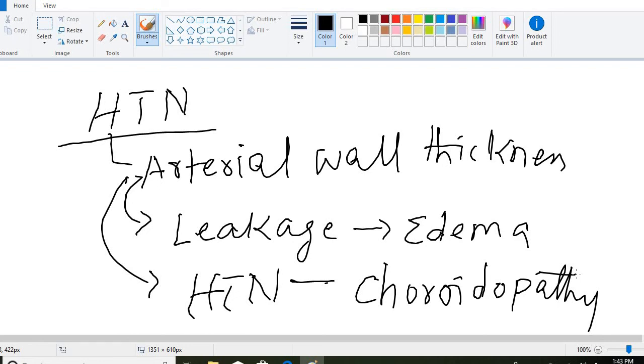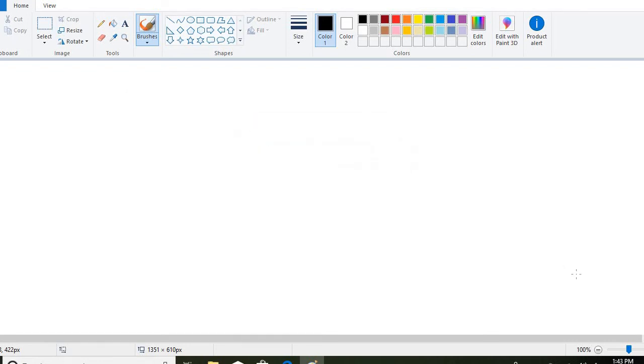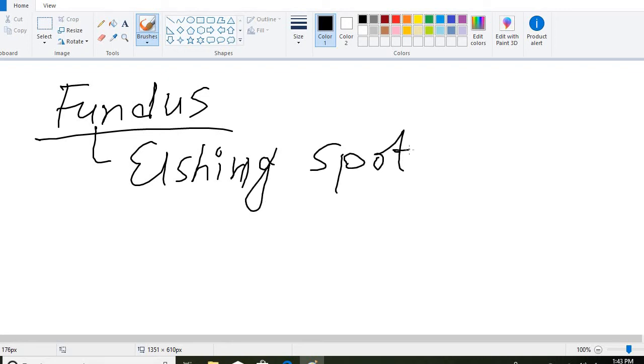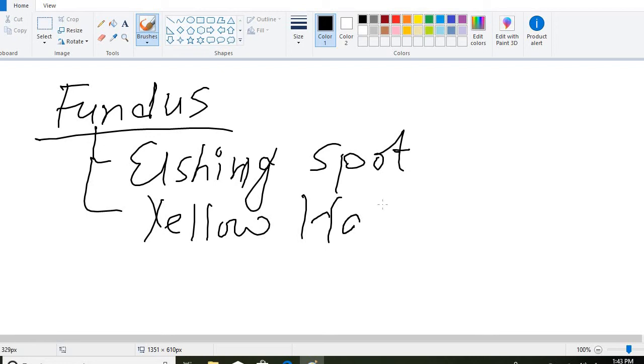Now when we observe the fundus of the patient, there will be Elschnig's spots on the fundus. Fundus examination will show Elschnig's spots. These are spots which are found on the fundus due to hypertension. Yellow halos will be present on the fundus of the patient.